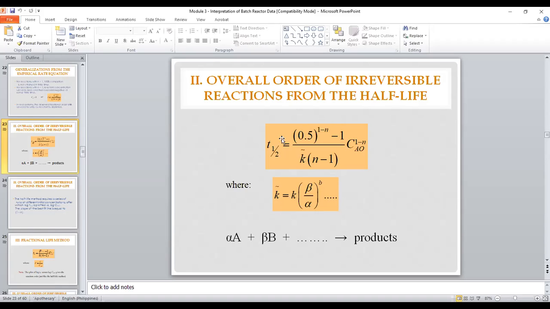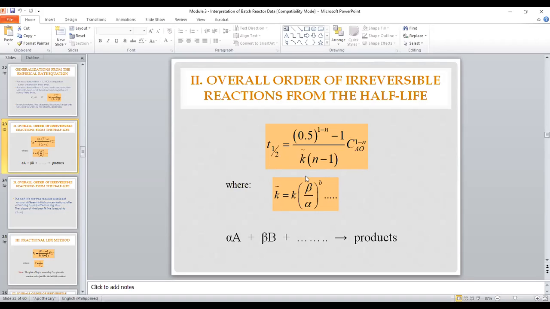And this will be the formula that you will be using for determining the K and the n. Of course, this one will also be trial and error if, just like the first method, we are to equate that all K's for all pairs of values of CA0 and t subscript 1/2 should be equal.